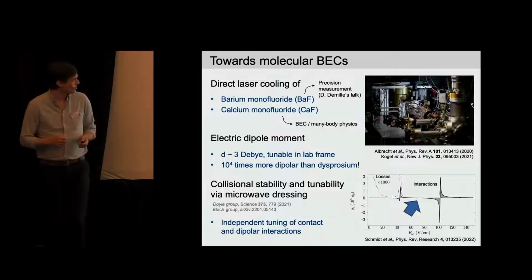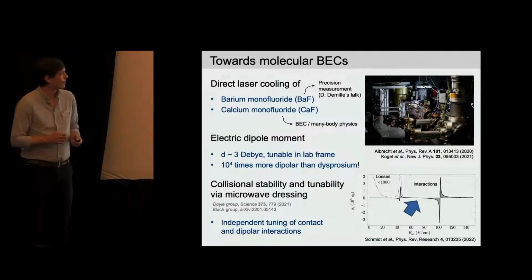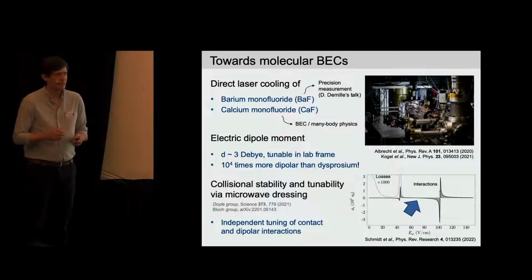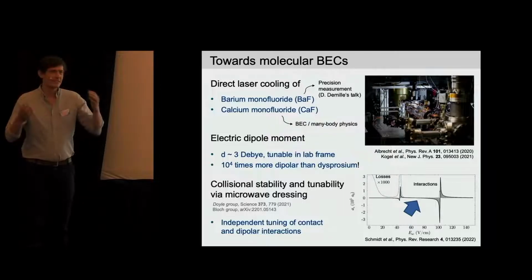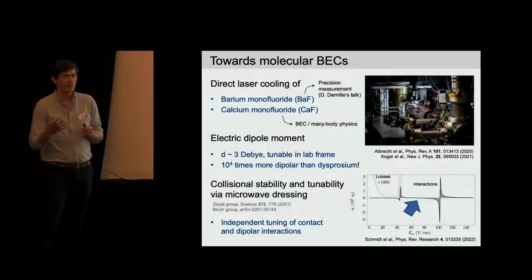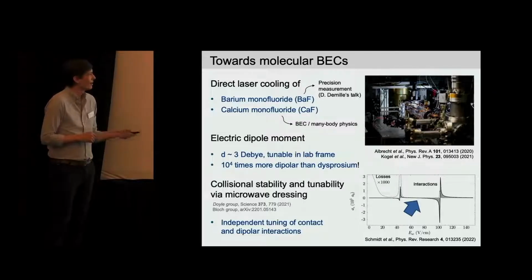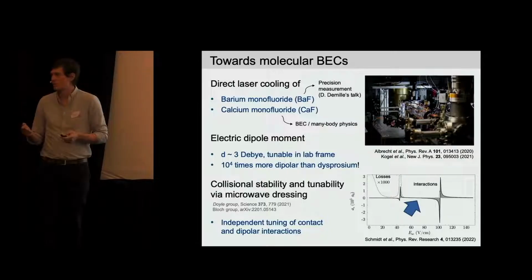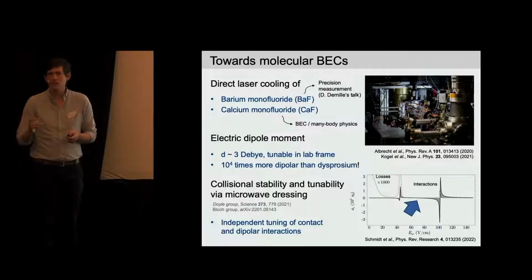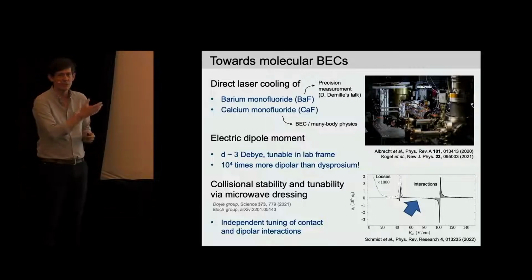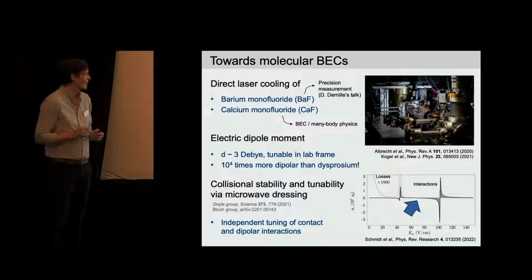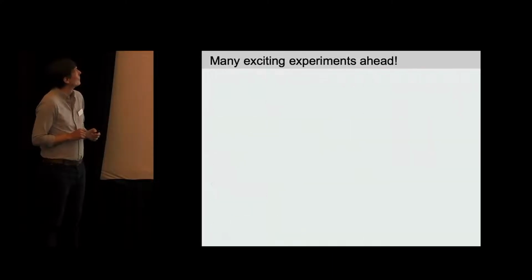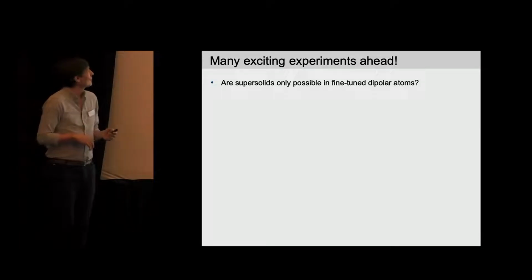Our little contribution to this was recent work where we actually realized that in these tuned interaction potentials that you get when you microwave dress these molecules, there are also scattering resonances, and so this should really give you the independent tunability of dipolar interactions and contact interactions exactly as you would need to explore these phase diagrams that I was showing you before. So with this, there are many exciting experiments ahead.